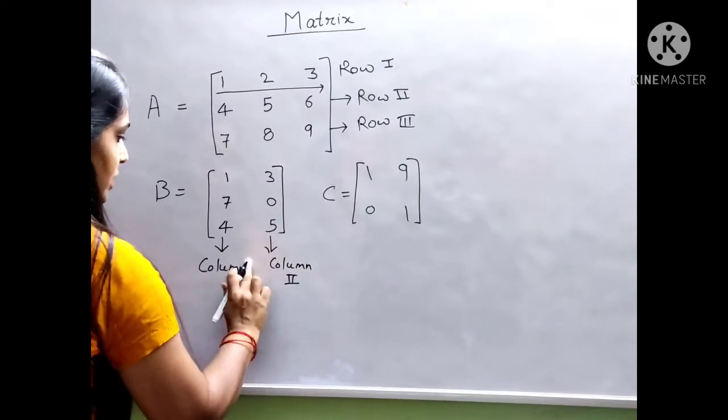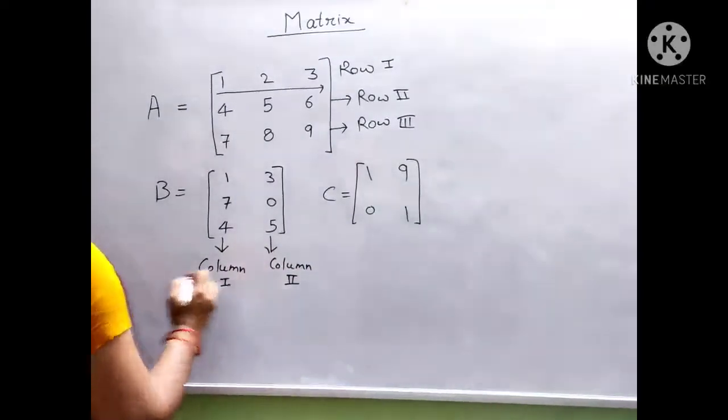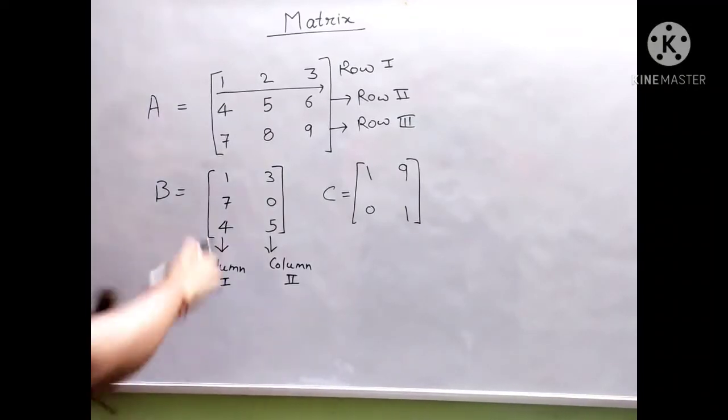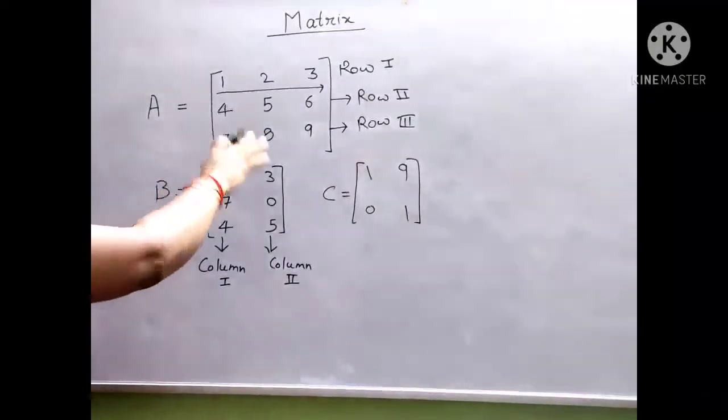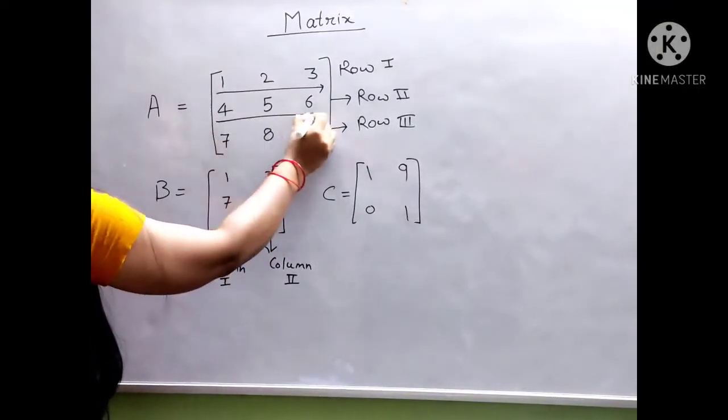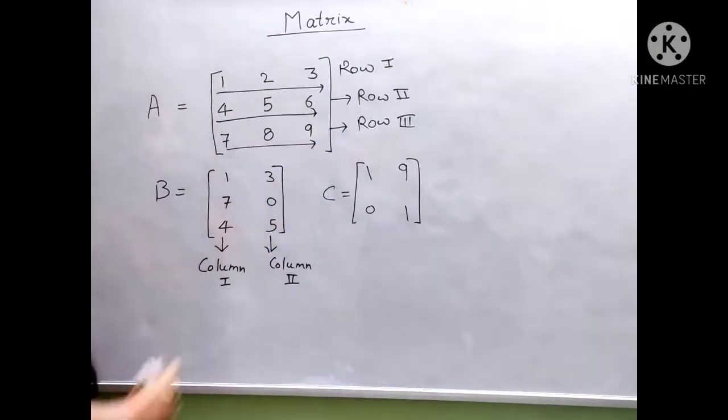We can see column 1 and column 2. So here you can see that in A we have 3 rows, row 1, row 2 and row 3.